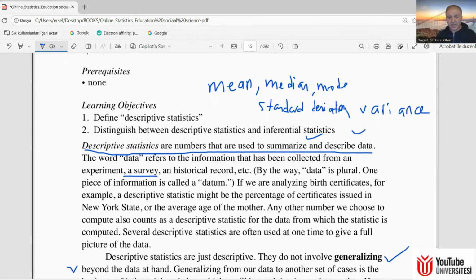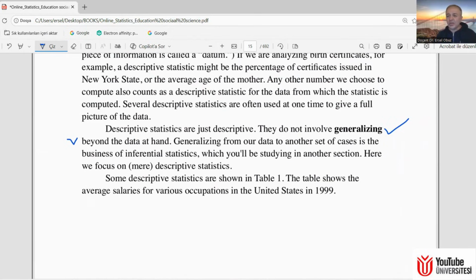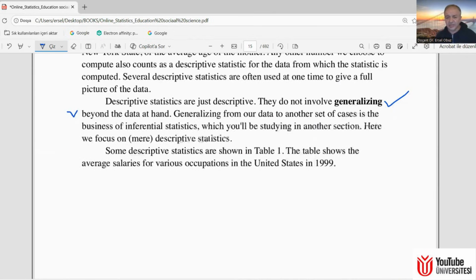When we give descriptives, we don't generalize the idea. We just give you the sample data. Here's an example in table 1.